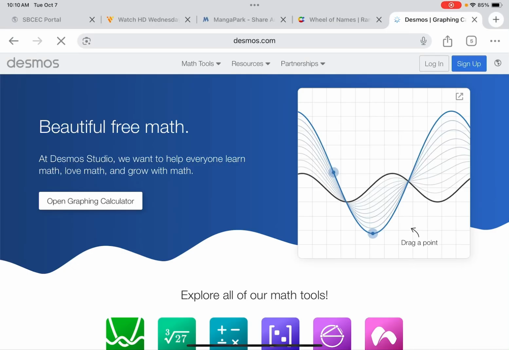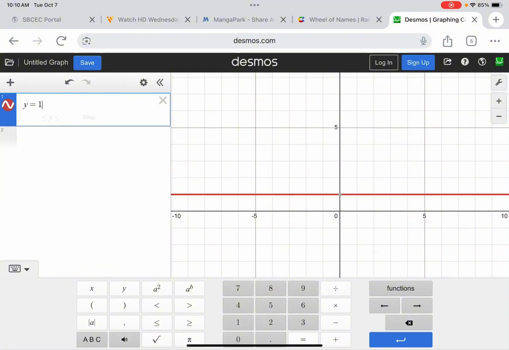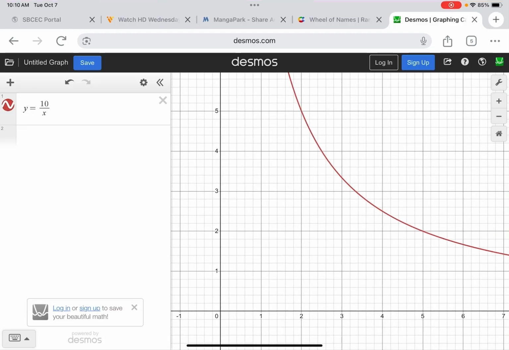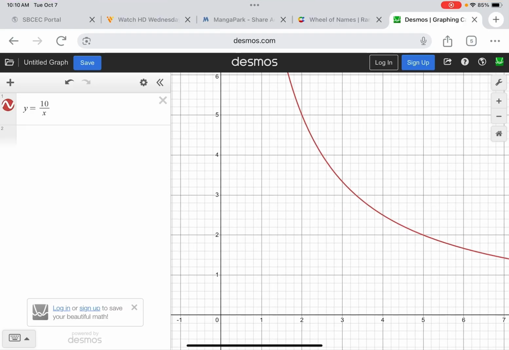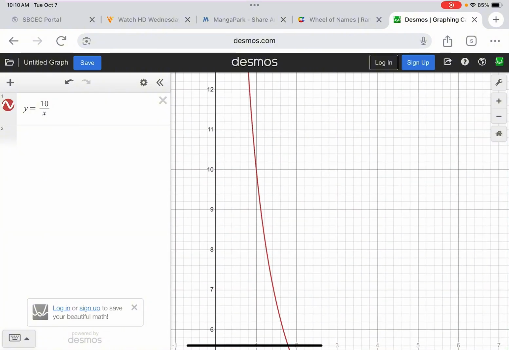Now we are in Desmos, and from our equation, we have y equals 10 over x, where k was 10. Just like earlier, if you have 1, then 1 and 10.